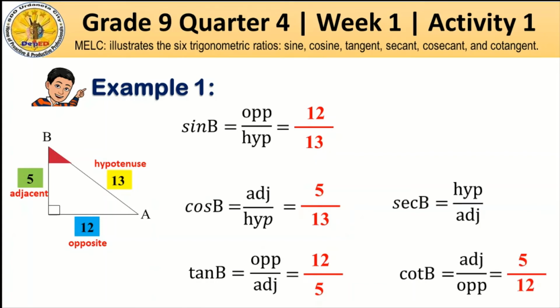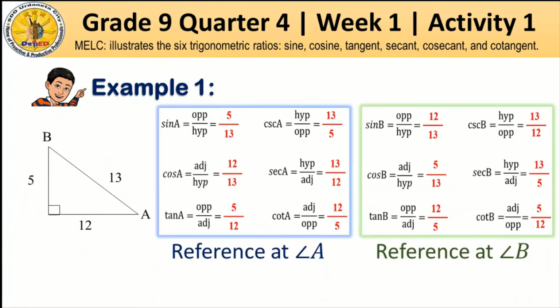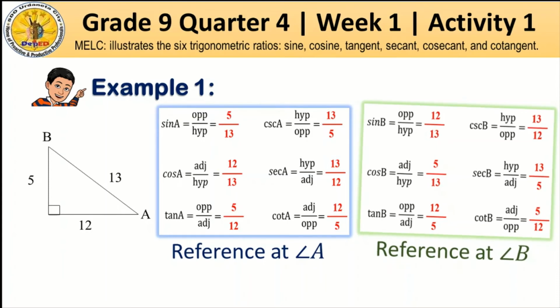Secant B is equal to hypotenuse over adjacent, or that is 13 over 5. And cosecant B is equal to hypotenuse over opposite, or that is 13 over 12. Based on the given right triangle, these are the values that we need. The 6 trigonometric ratios with reference angle at A and with reference angle at B.